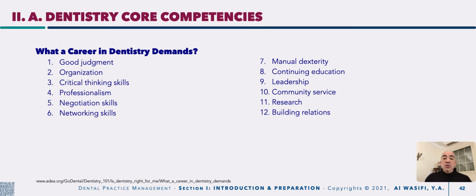That's why, okay, those 12 competences are: number one, good judgment, organization, critical thinking skills, professionalism, negotiation skills, networking skills, and manual dexterity. It is not the first one, okay? Then coming continuing education, leadership, community service, research, building relations.